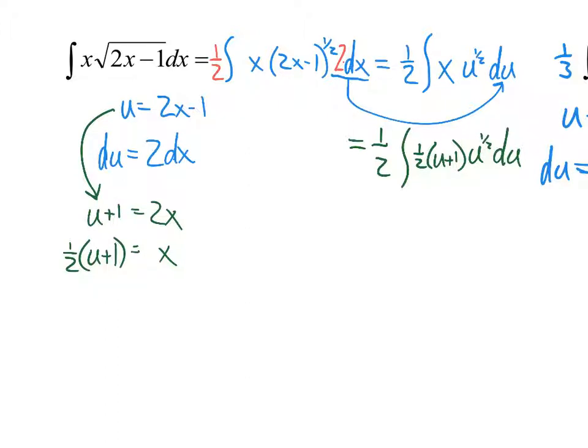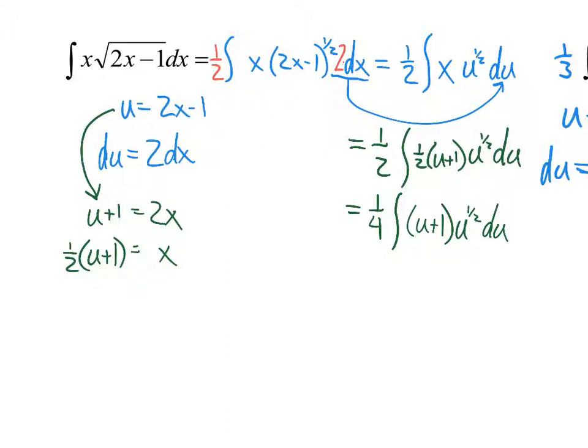Alright? So I have 1/4 integral of u plus 1 times u to the 1/2 du. Is that something we can integrate? Yeah, but you have to do it again with the u.